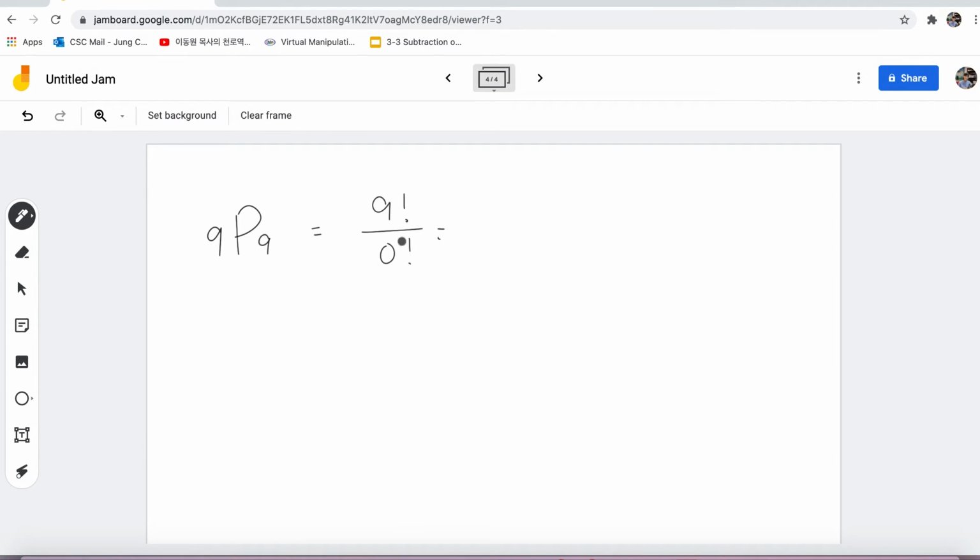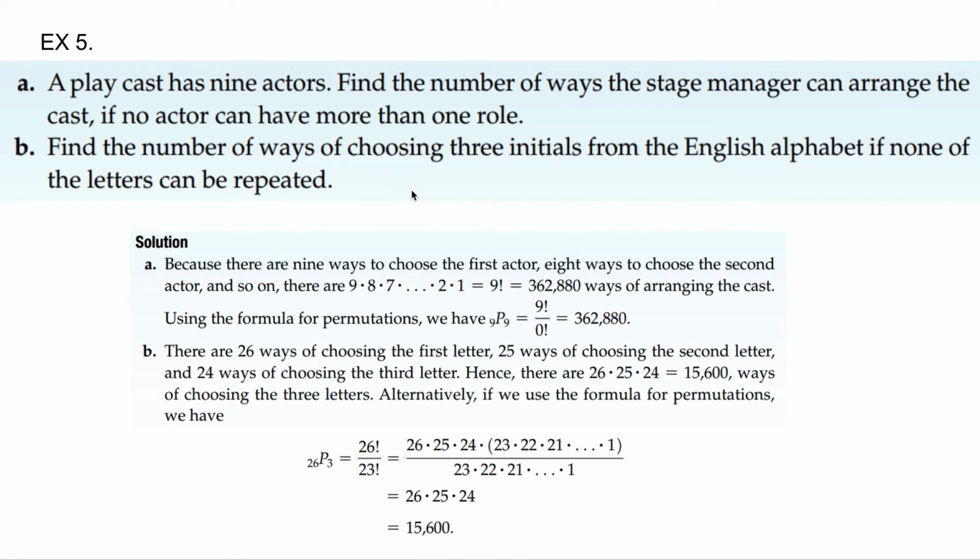We already know 0 factorial is 1, so that's the same as 9 factorial. If you multiply 9 times 8 times 7 times 6, all the way to 2 times 1, you get 362,880 ways.